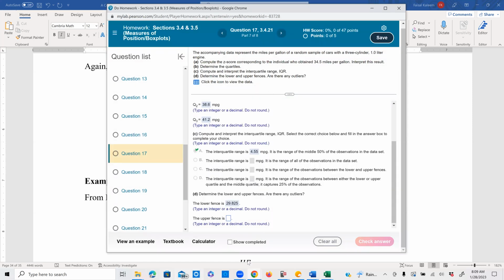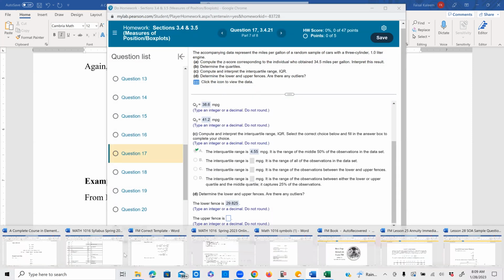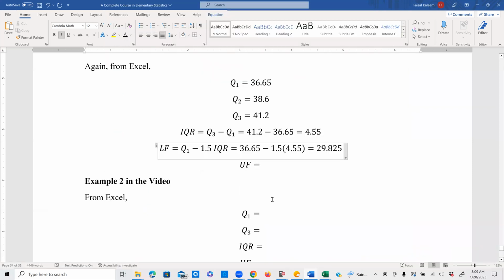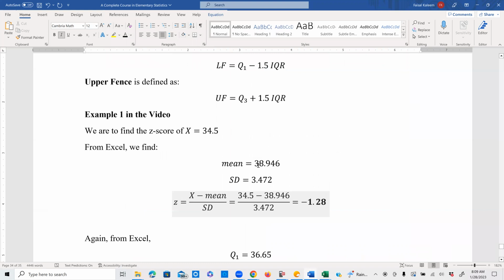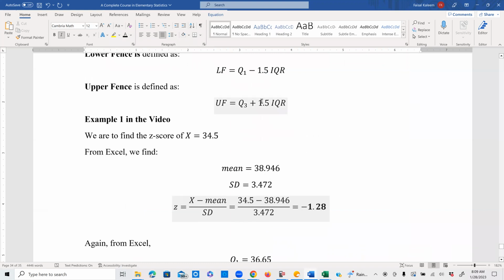And then the upper fence, we said, was Q3 plus 1.5 IQR.